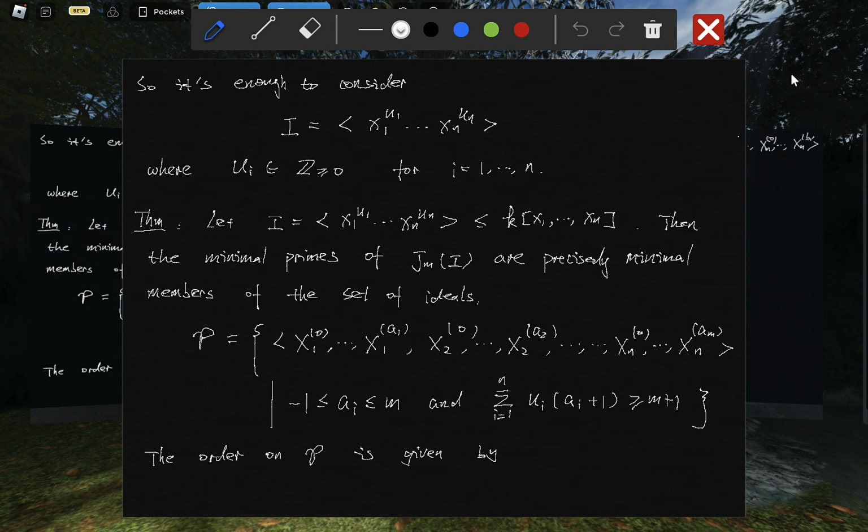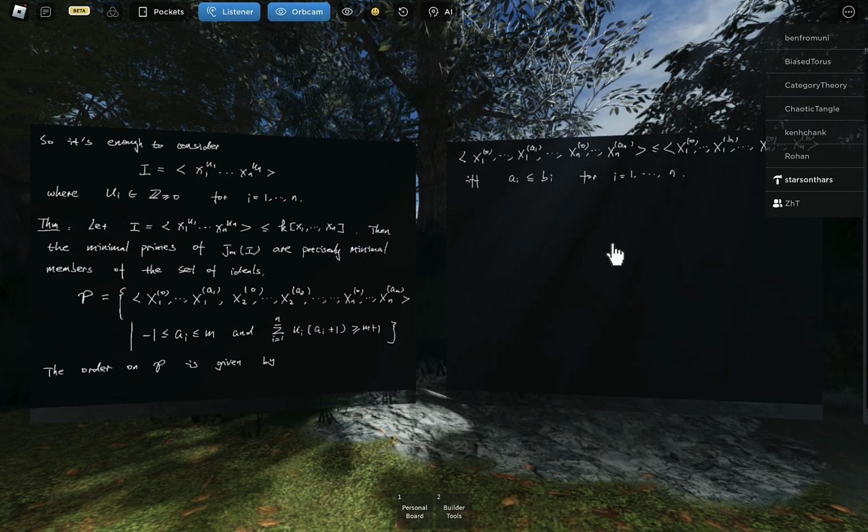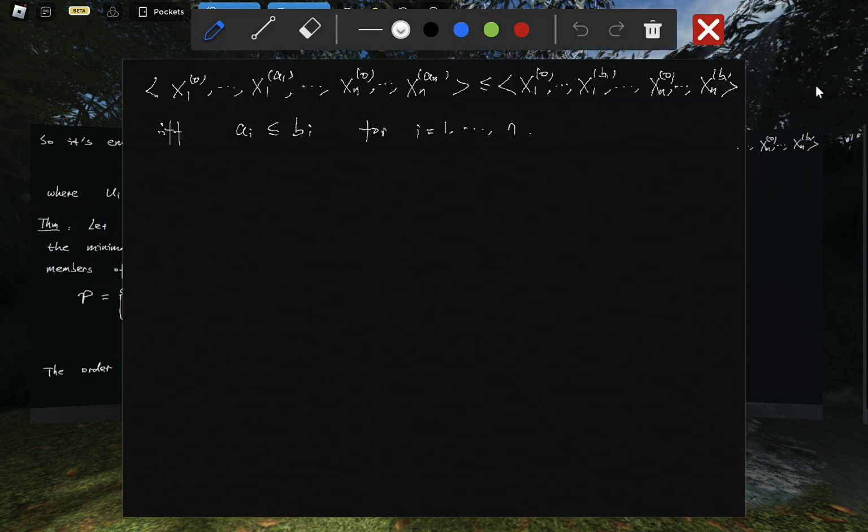Any question? Does the statement of this theorem make sense? Cool, let's prove this theorem. Yeah, the proof is actually quite easy. So the idea is that we want to decompose.